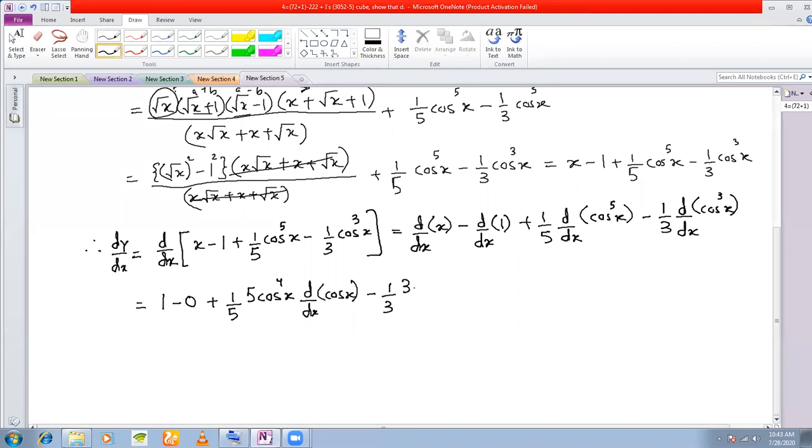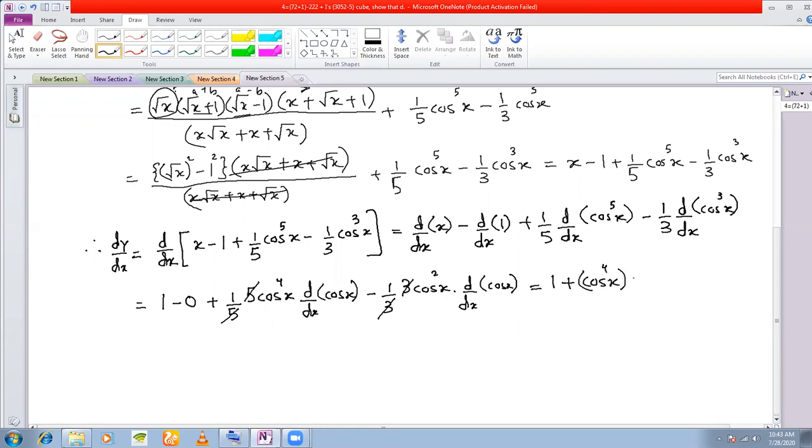Now you differentiate the power, 3 cos square x into the d/dx of cos x. So what do you get? This 5 and this 5 cancel. This 3 and this 3 cancel. So what do you get? You get 1 plus cos to the power of 4x.